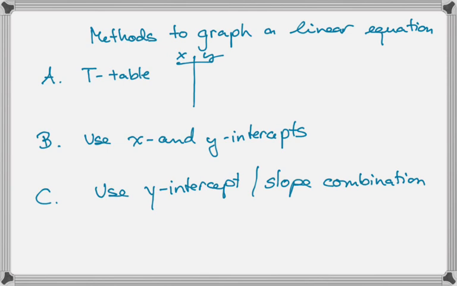If I have multiples, I just use x and y-intercept because that's real simple. If not, I use the slope and the y-intercept. So today we're only going to look at the t-table method, where they give you a table in the book and we fill in the missing links and then plot the points, connect the dots, and make a beautiful line of it.